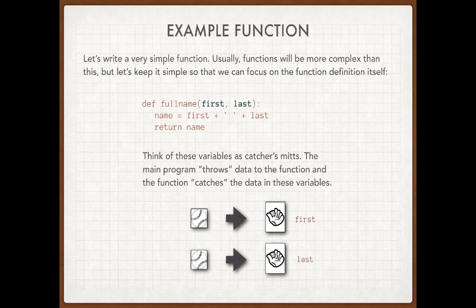I know we just did a baseball thing, but it's not that I'm obsessed with baseball, it's a good metaphor. So you can think of the main program as the pitcher in some sense, who's going to throw the ball or throw the data. And these two variables in the function are like the catcher's mitts. That's what will catch or receive the data. So in this case, the main program is the thrower or the pitcher, and here the function is the receiver or the catcher.